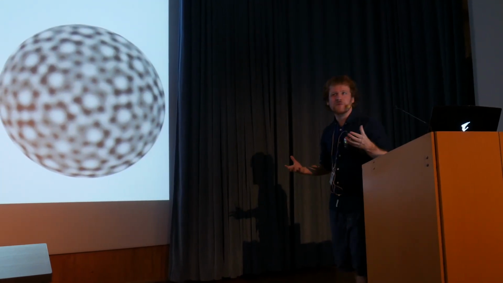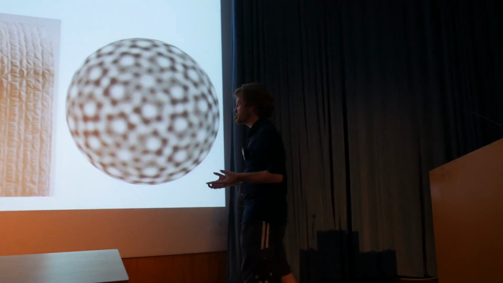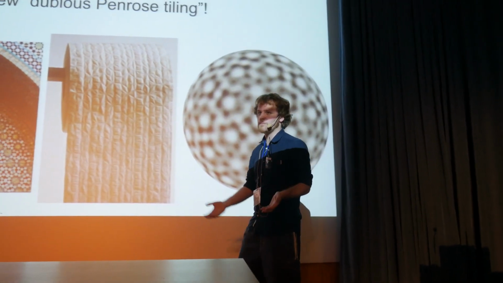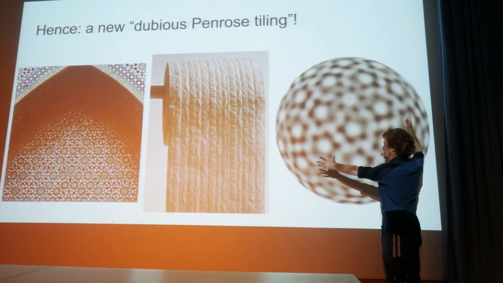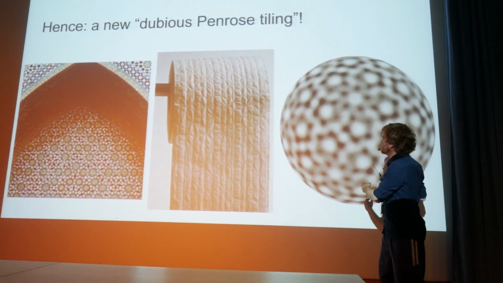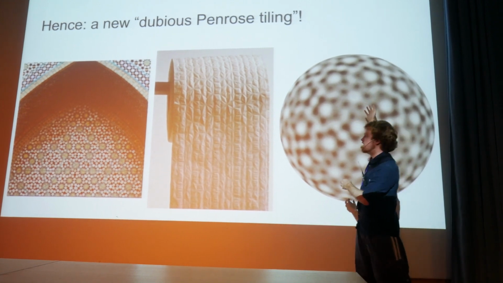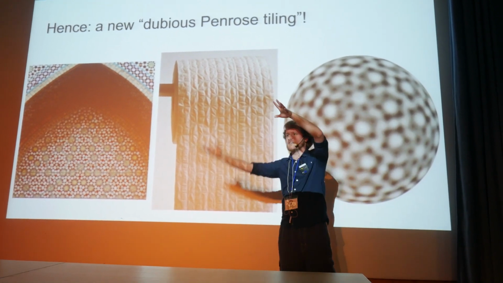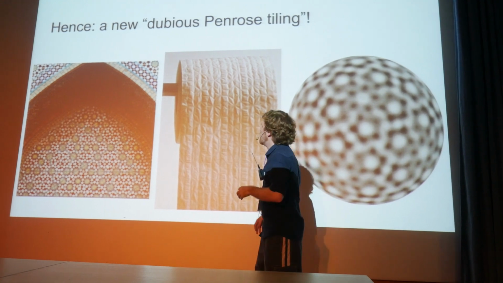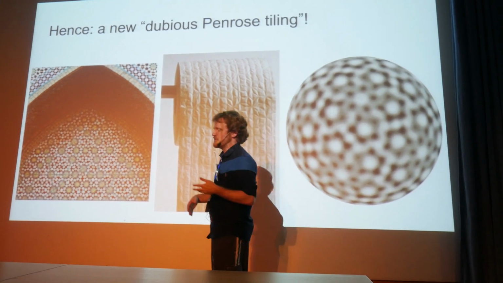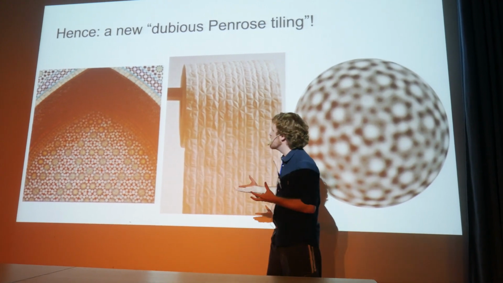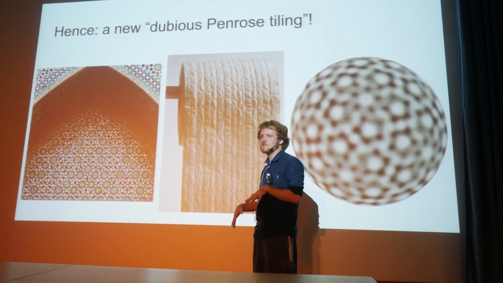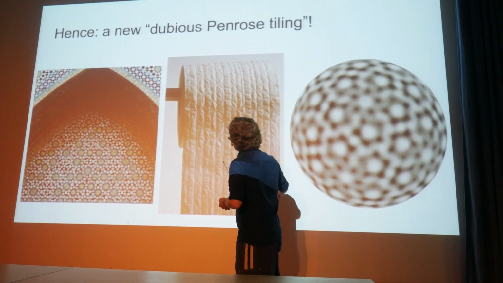It's a little bit of a dubious argument, because Penrose tilings are supposed to be aperiodic, and spheres are not aperiodic in some sense. You can go all the way around the sphere and get back to where you started, and that is in some sense a period. So there we can talk about the semantics, but it's kind of interesting to me how there are a bunch of things that are kind of claimed to be Penrose tilings, but it's at least a little bit controversial.